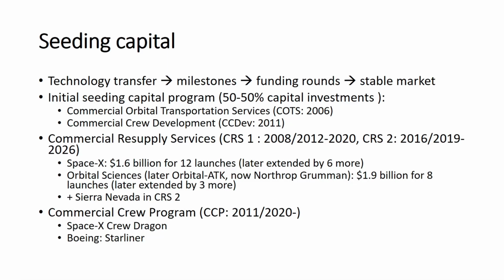The first time, when I was introducing the entire topic, I was talking about how the European Space Agency also has some kind of seeding capital project right now, and we were able to see that, okay, they were supporting the development of the Prometheus engine.